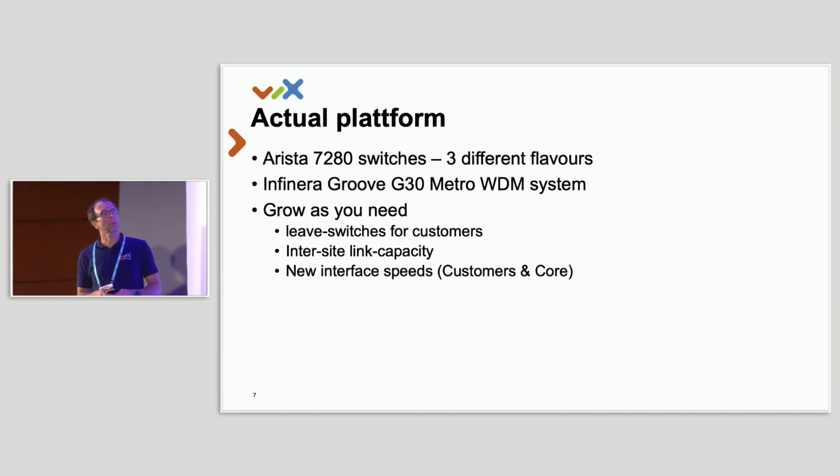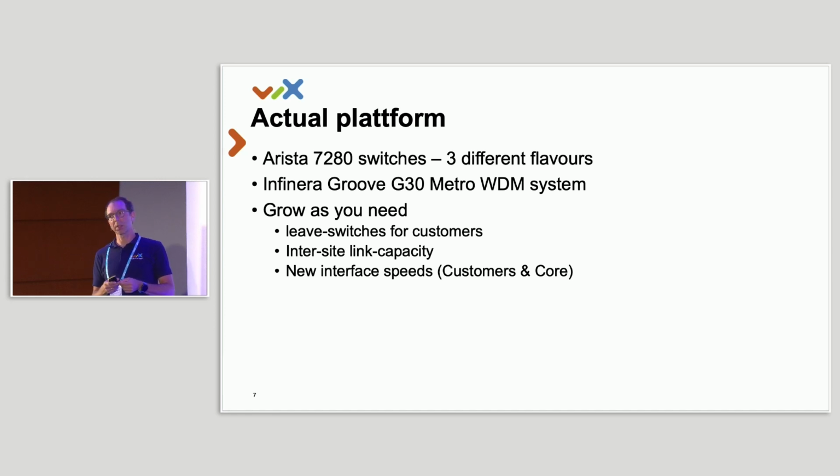So at the end, we decided to go with Arista. We introduced 3 different flavors, and I'll show you a topology map afterwards so that you can easily see how it is connected. Within the network, or between the sites we operate, we needed to go from 10 gigabit technology to 100 gigabit technology, and because we only have single pairs of fiber, and getting fiber in Vienna is possible but not really cheap, we needed to find a way to multiplex it.